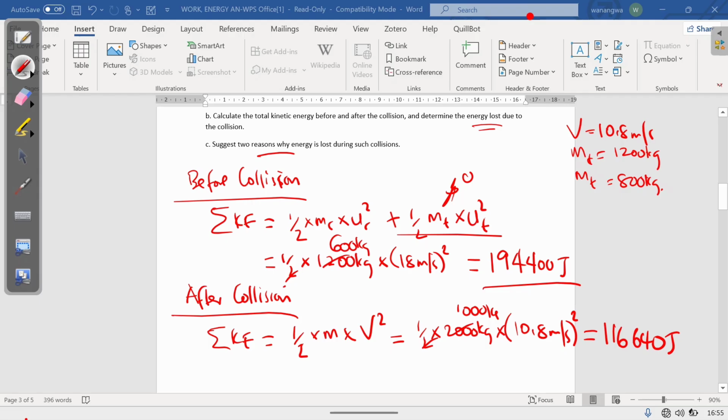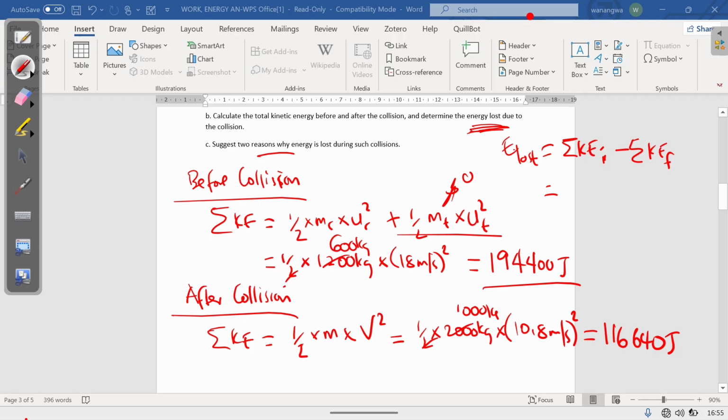Now what they want us to find is the energy lost due to the collision. So energy lost will be equal to initial total kinetic energy minus final total kinetic energy.